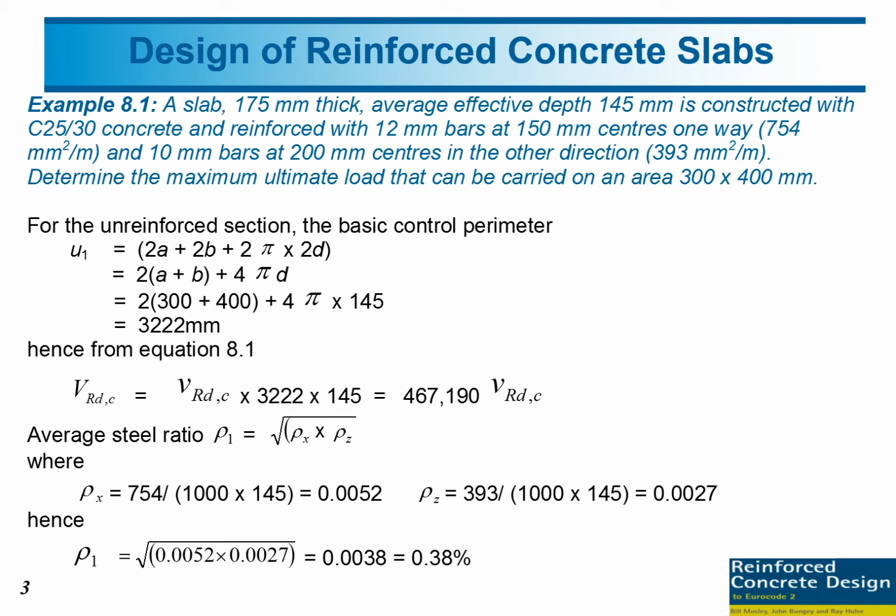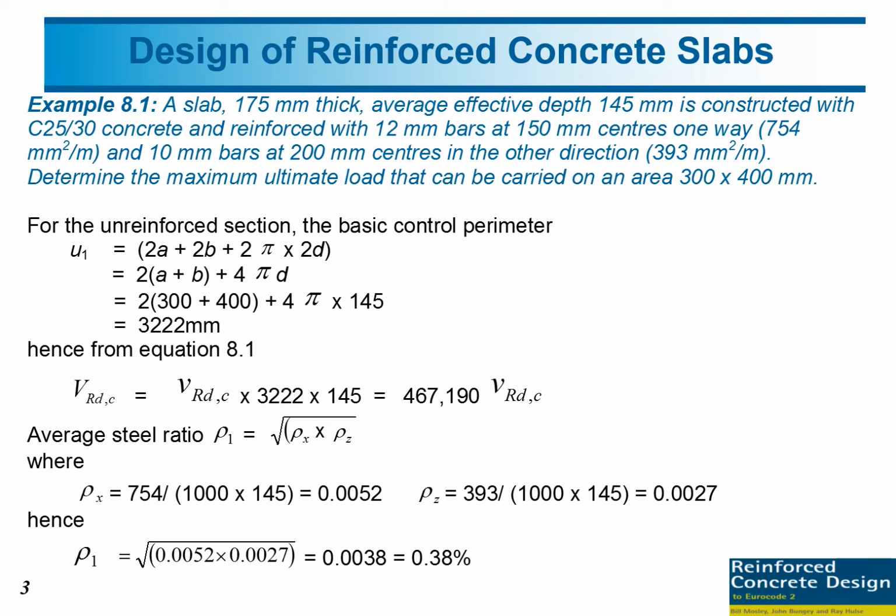So this slab has two-way reinforcement. The question is to determine the maximum ultimate load that can be carried on an area of 300 by 400 mm, the column dimension.